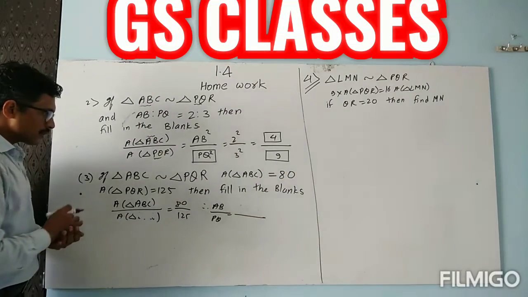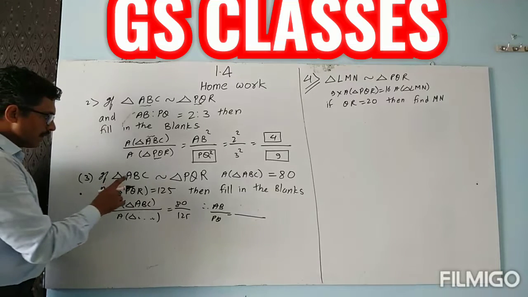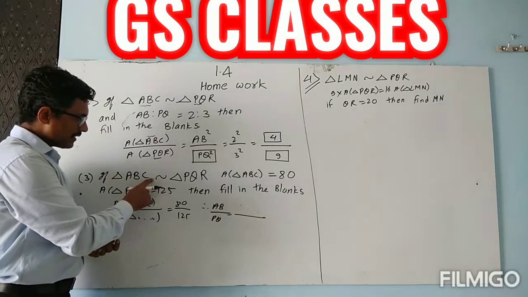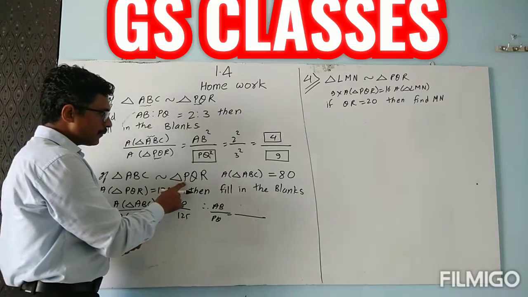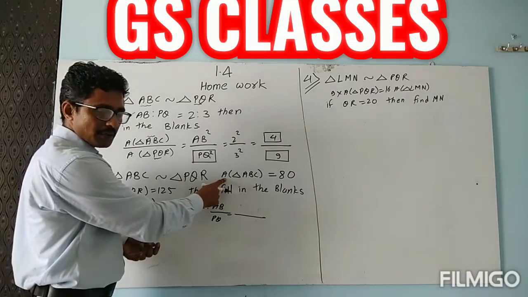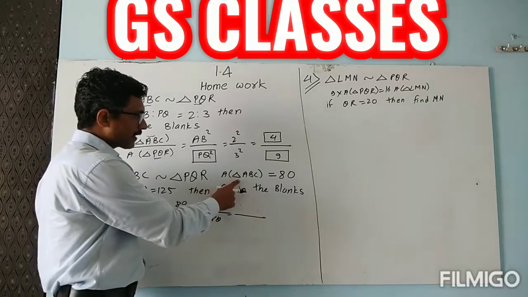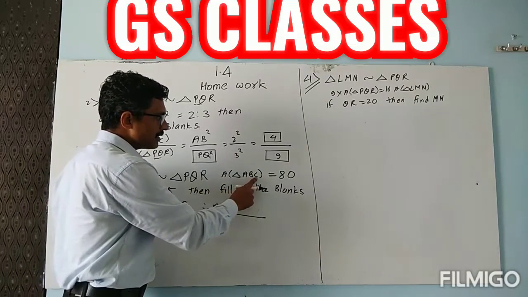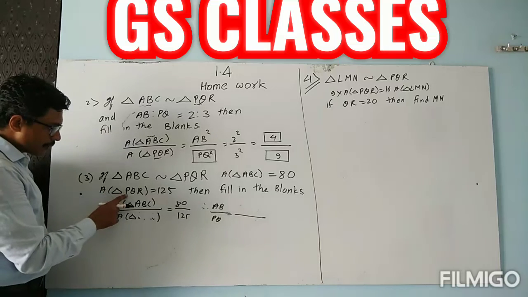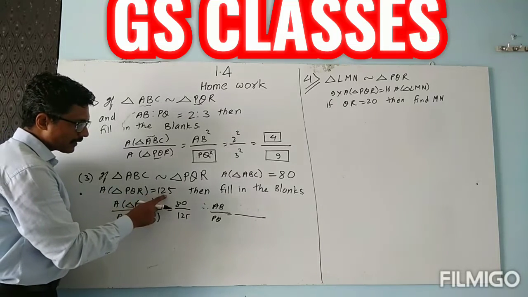Now in the next question, triangle ABC is similar to triangle PQR, and they have given you the area of triangle ABC is 80 and the area of triangle PQR is 125.